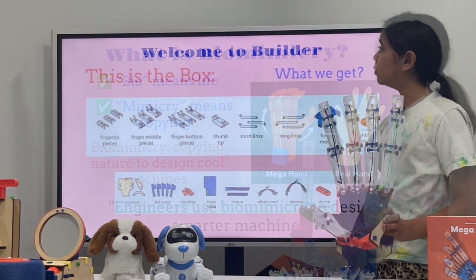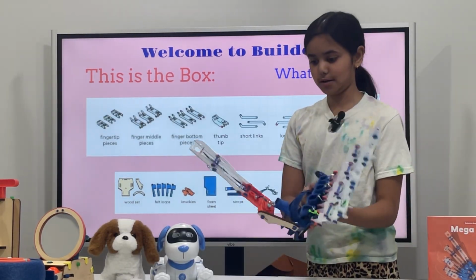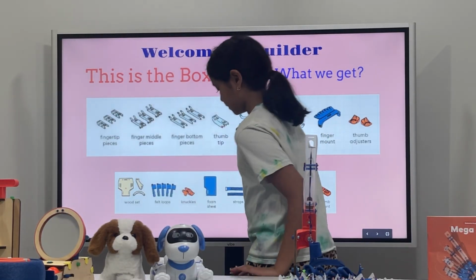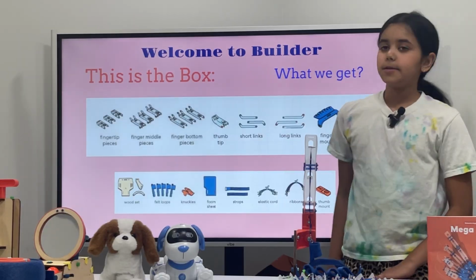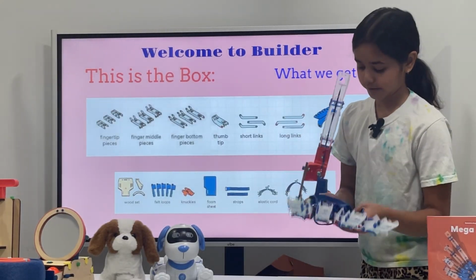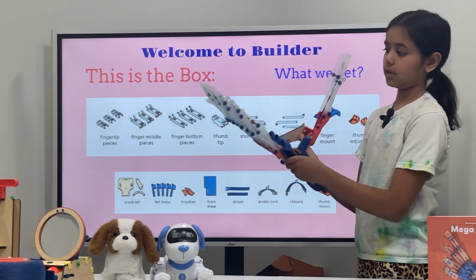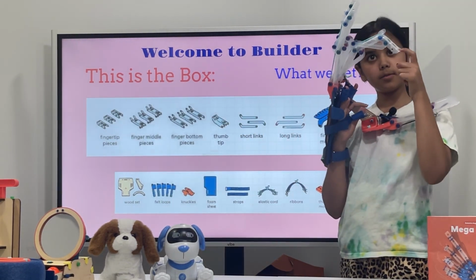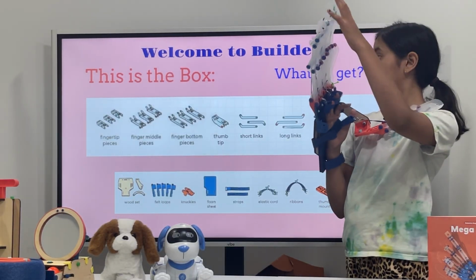Yeah. So welcome to the builder. So in this box we have the tools you use to make that Mega Hand. Yeah, here it is. And then in this box we have all the finger segments. It's like how they move. So we have our first part, second part, and third part. Our fingertips are over here.